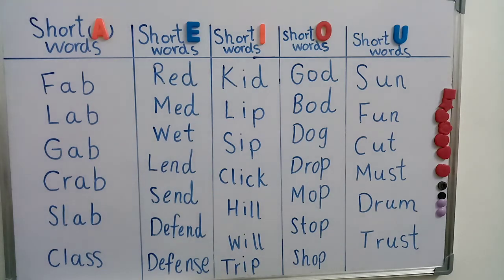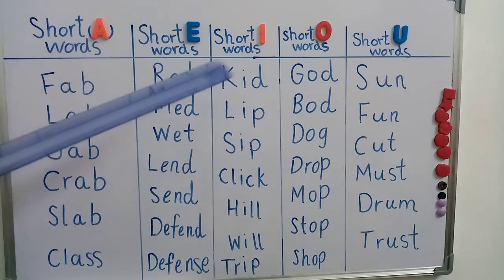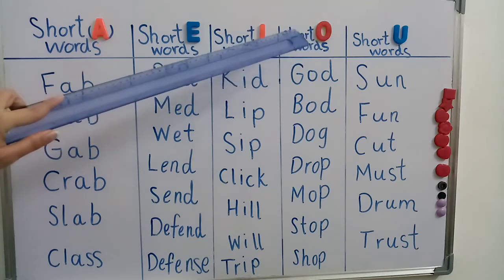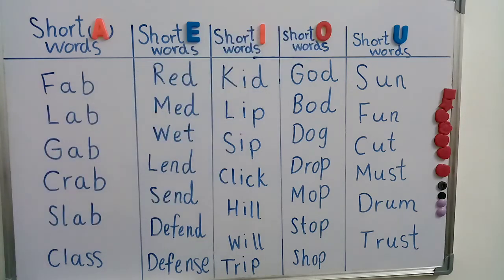Okay, let's move on. Let's continue reading short vowel words. We have now the short O words. What does the O say? The O says ah. Every letter makes a sound.